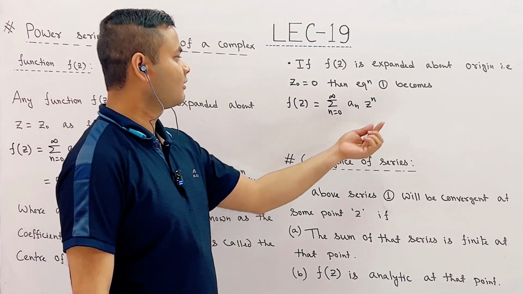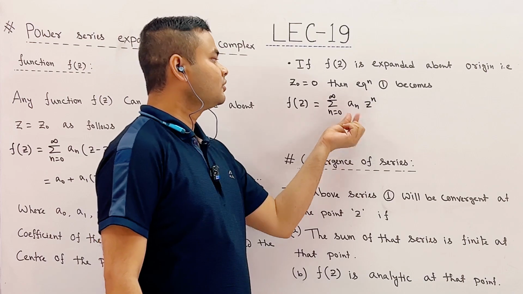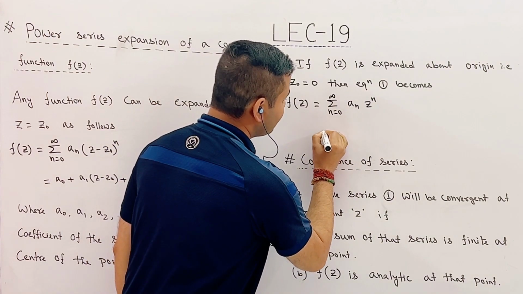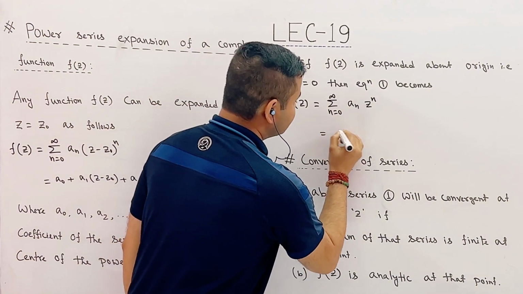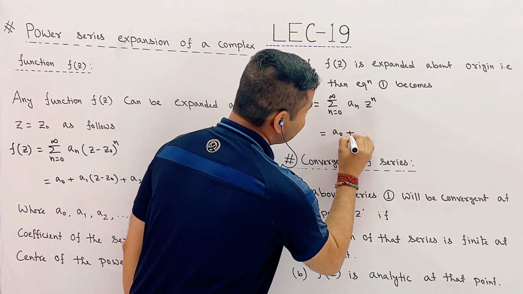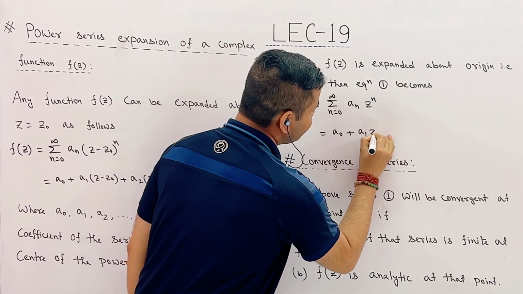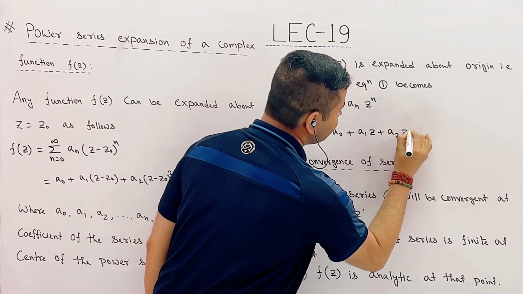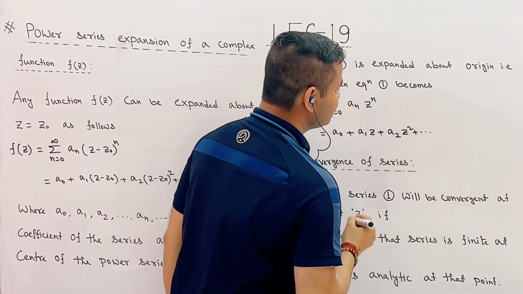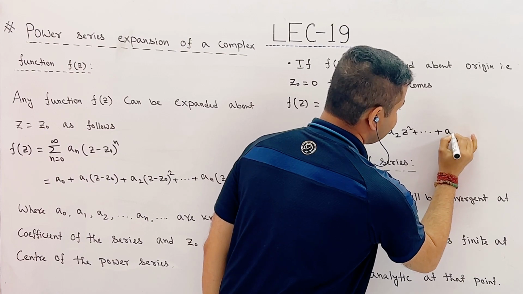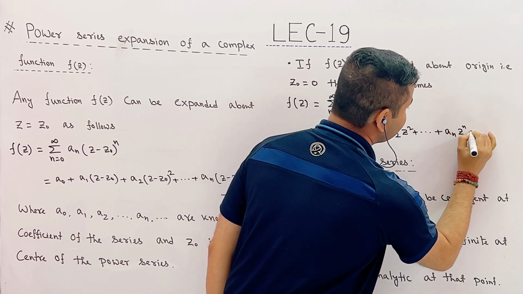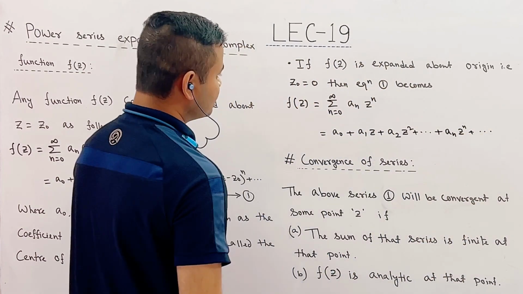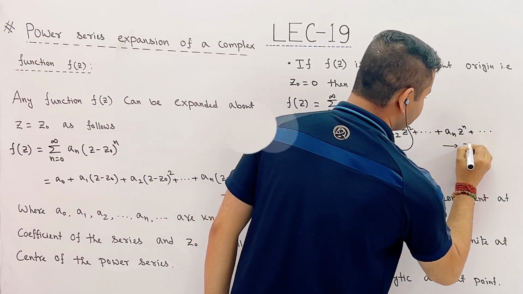Again, let us write different terms of this series. First term will be a naught, second term will be a1 into z, third term will be a2 into z square plus dot dot dot plus a n into z to the power n plus dot dot dot. Suppose this is equation number 2.